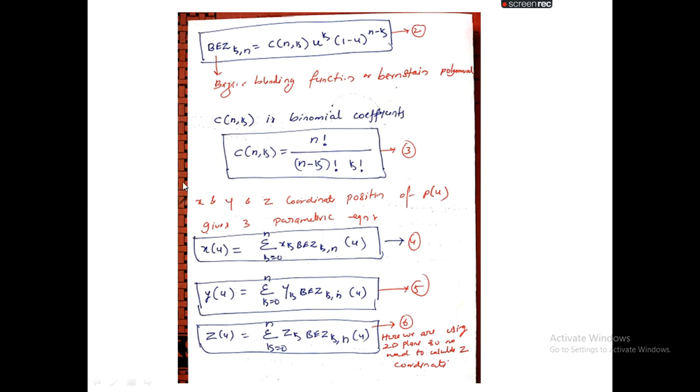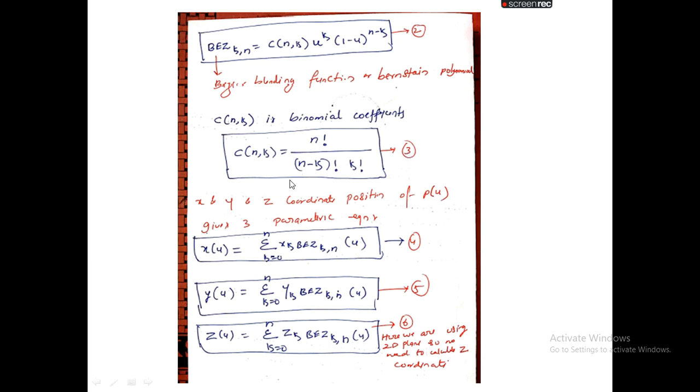In mathematics, C of n k is a binomial coefficient, that is n factorial divided by n minus k factorial into k factorial. It is nothing but nCr, and instead of saying nCr, I can say nCk. So nCk is n factorial divided by n minus k factorial into k factorial. Consider this is equation number 3.